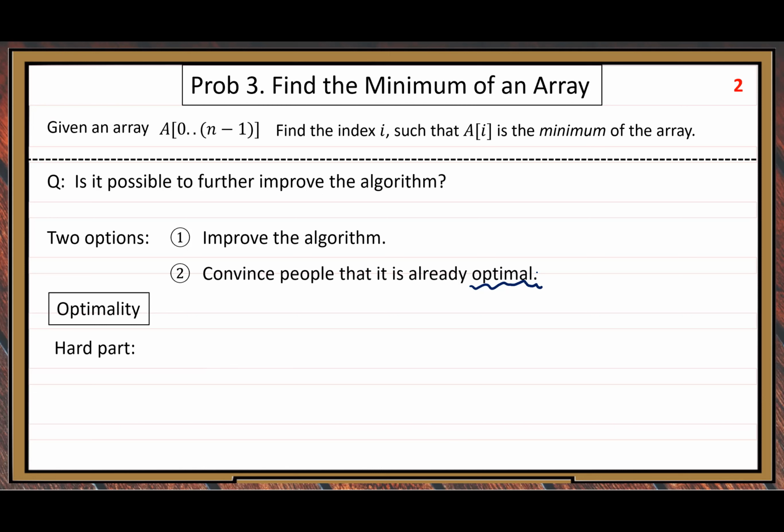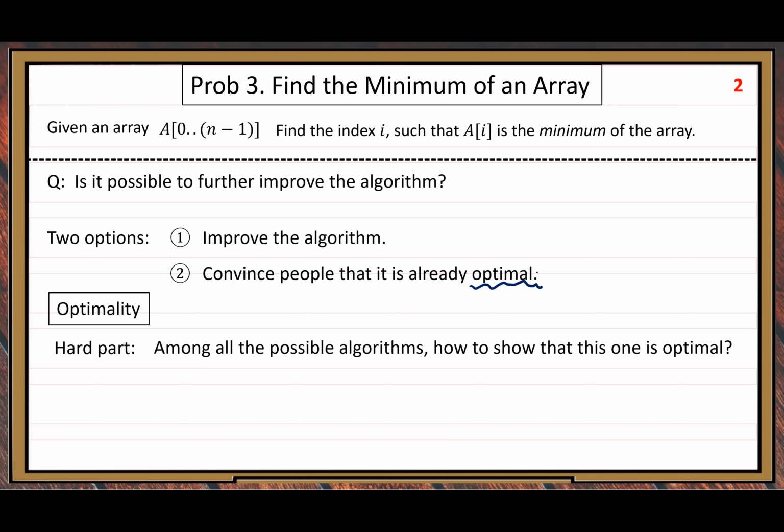How can you guarantee that? So if we want to convince people it is optimal, we need to also prove that even in the future, nobody can improve it. That is the exact meaning of optimality. Even in the future. So now you can see how hard it is. That is one aspect of why it is so hard.